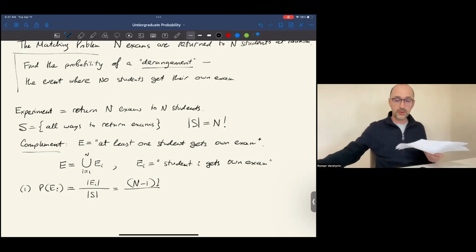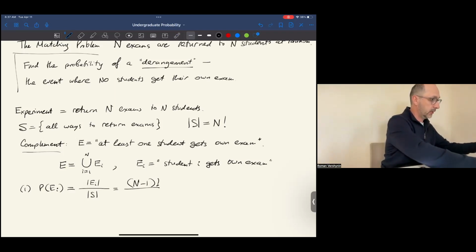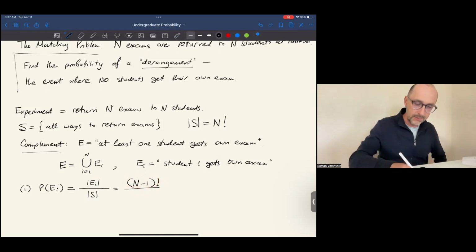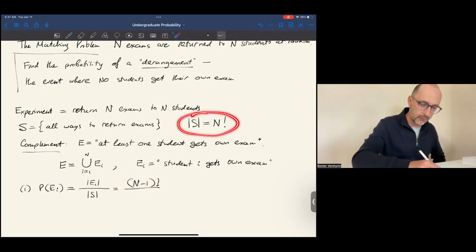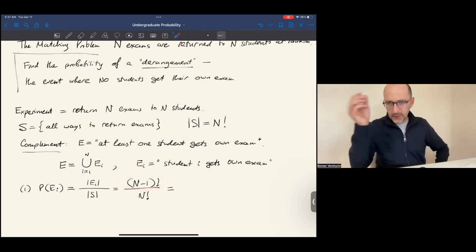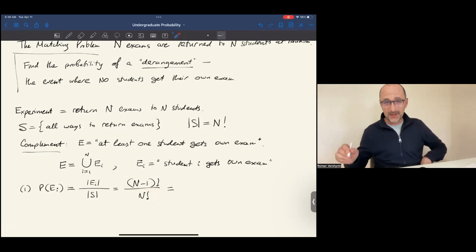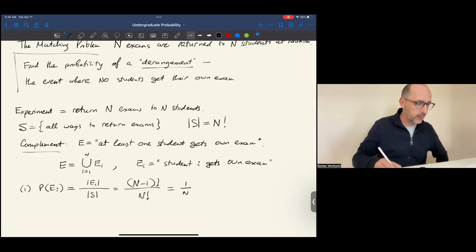How many ways are there to do that? There are (n-1) factorial ways to do that. And this is n factorial in the bottom here. The factorial (n-1)! is the product of all numbers between 1 and n-1, and n! is the product of all numbers between 1 and n, and so this ratio is 1 over n.